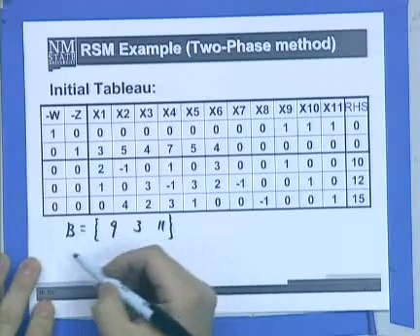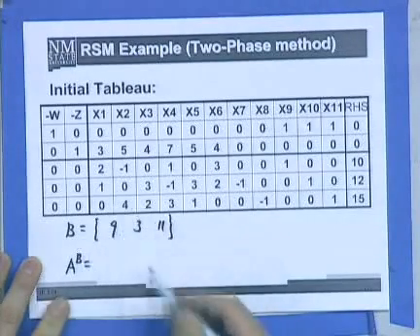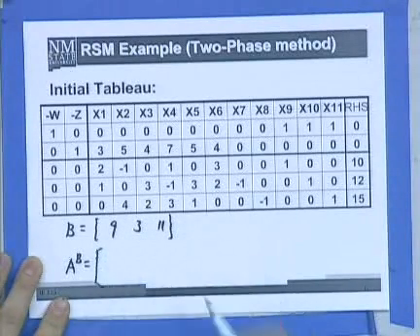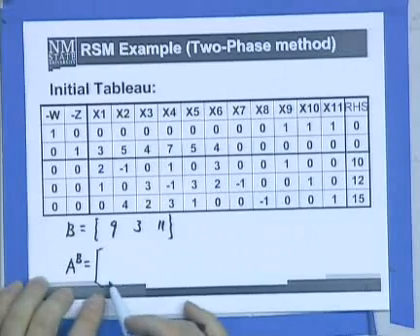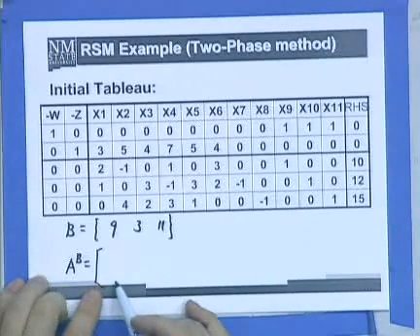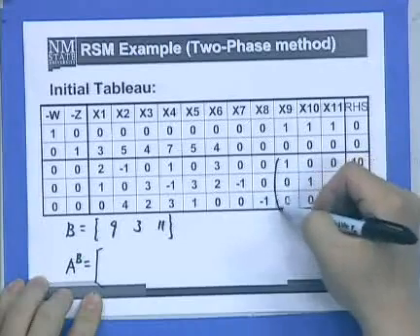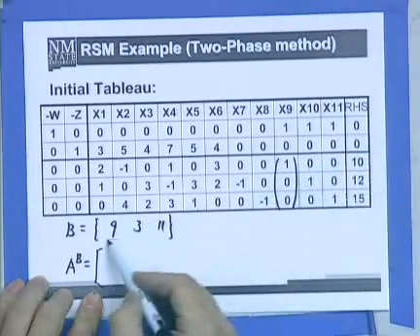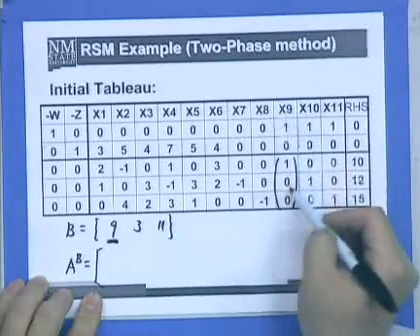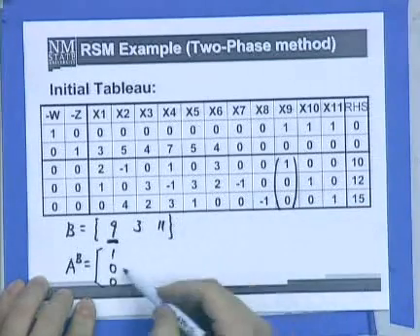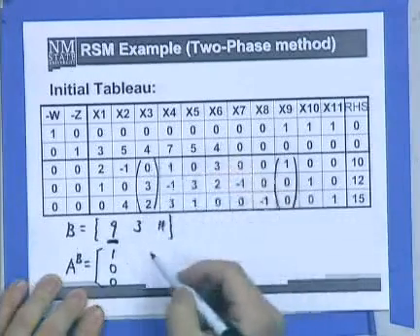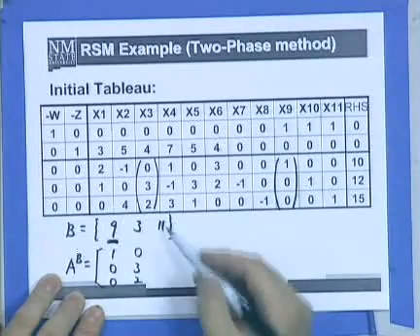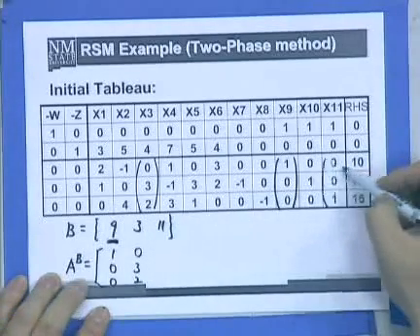What about the basis matrix? What value should we use? What about the first column of the new basis matrix? It is the constraint coefficient corresponding to the first basic variable, x9, which is 1, 0, 0, right? What about the second column of the new basis matrix? 0, 3, 2, right? And the third column should be 0, 0, 1, right?